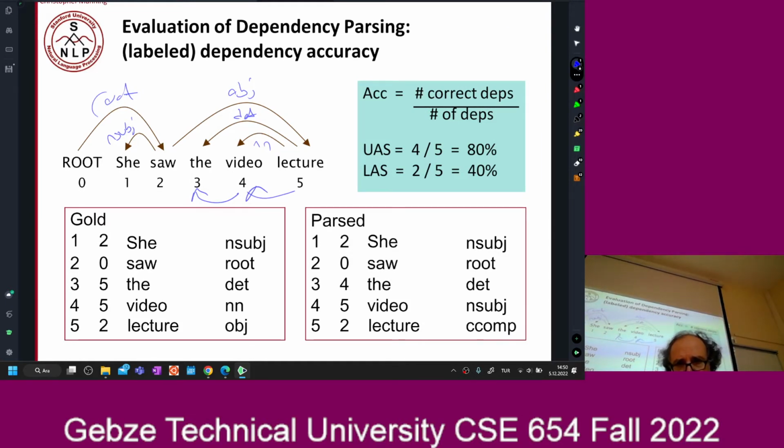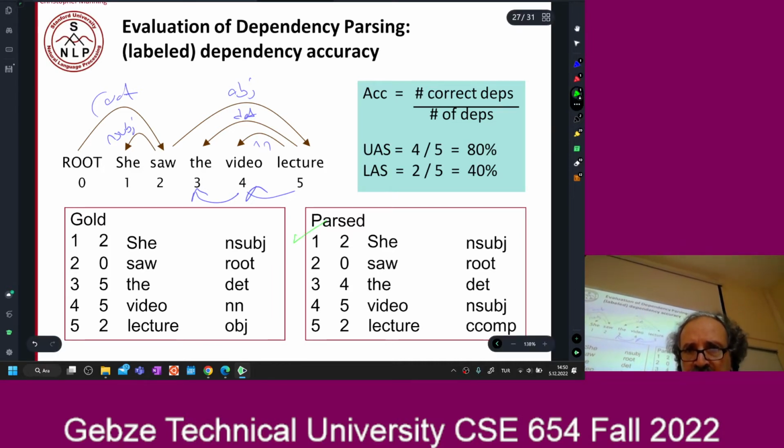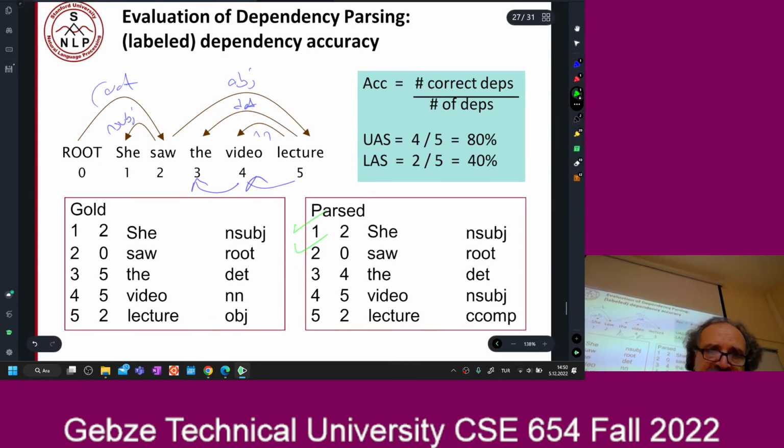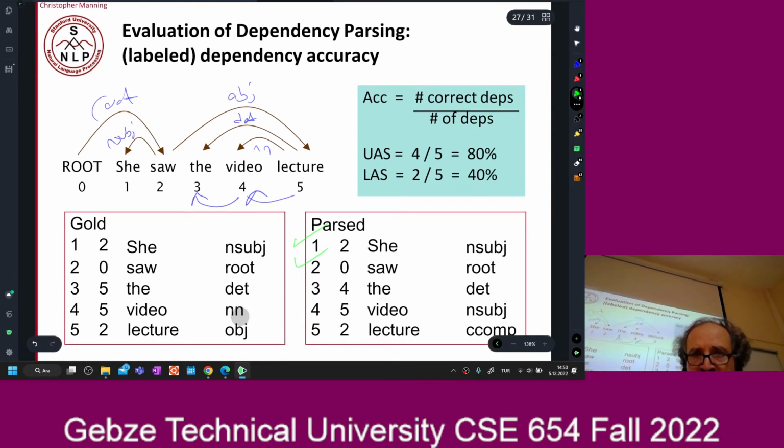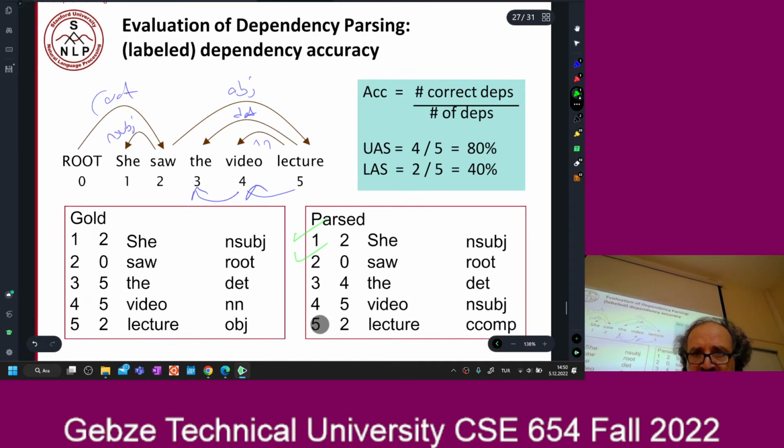Okay, it looks like I got how many correct? This one is correct, right? Out of this one, 3, 4 is bad. 4, 5 is correct. The arc is correct, but the type of the arc is not correct, right? Again, here the arc is correct, but the type of arc is not correct.